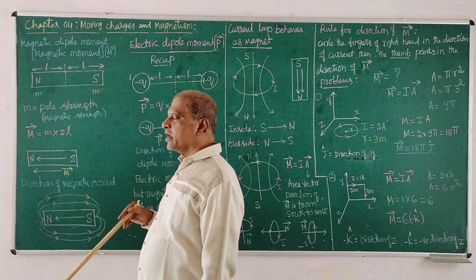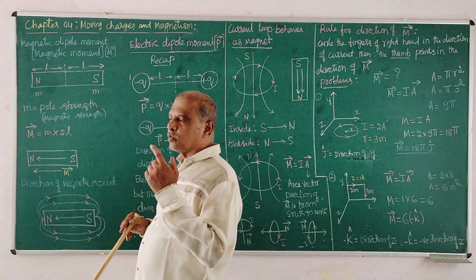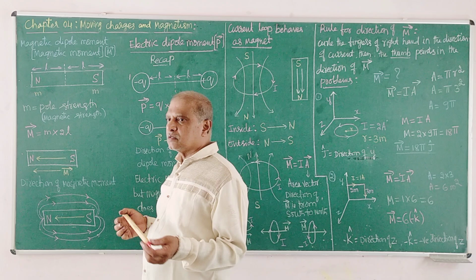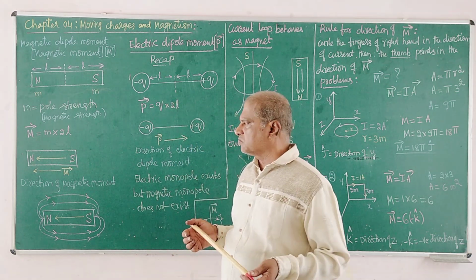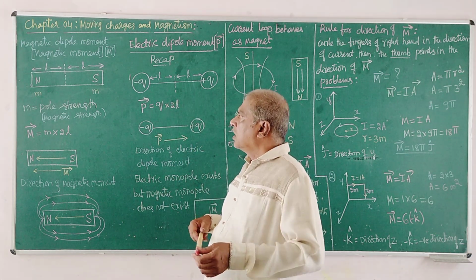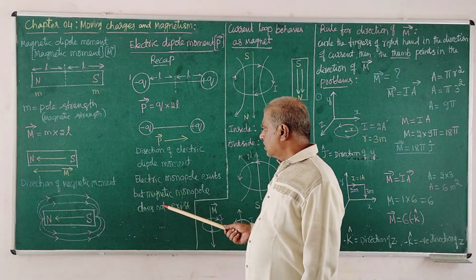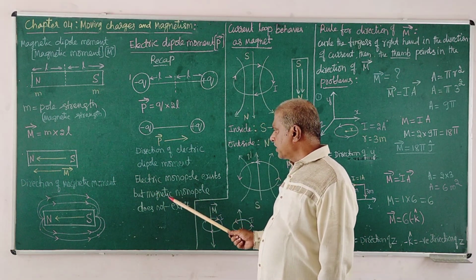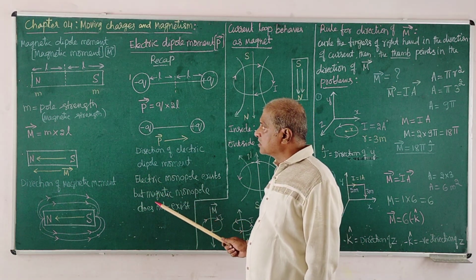Break any number of times, always a piece has two poles. That is in nature, that we cannot have a single monopole. A magnet cannot have a monopole. A magnet will always have a dipole like this.